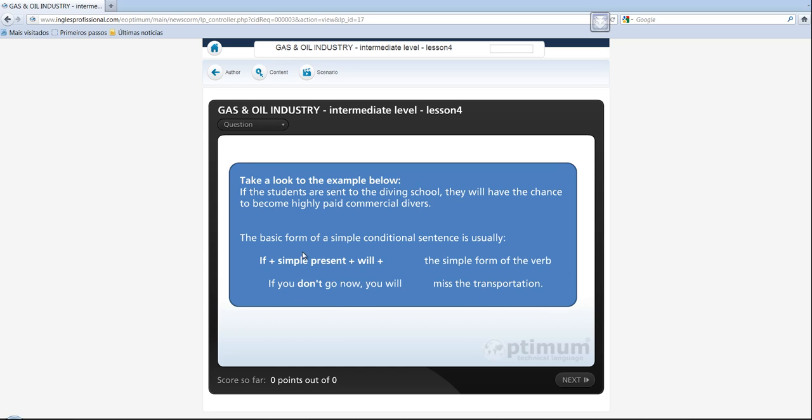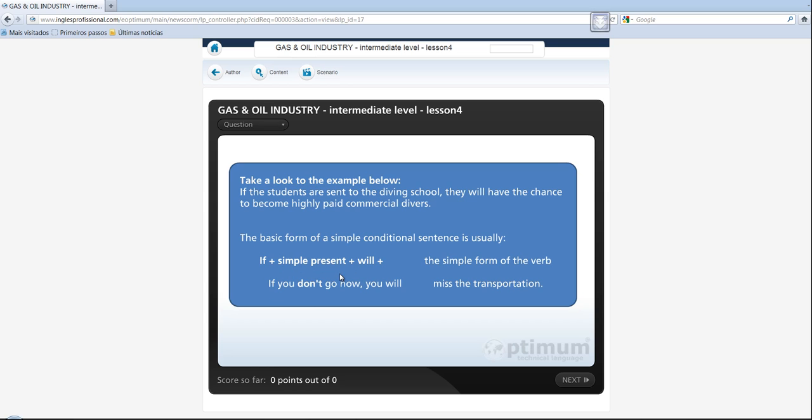So you don't say, for example, if you didn't go, you will. Didn't is actually the simple past. So we have to use the basic form of a simple conditional sentence. So simple present is not the simple past.